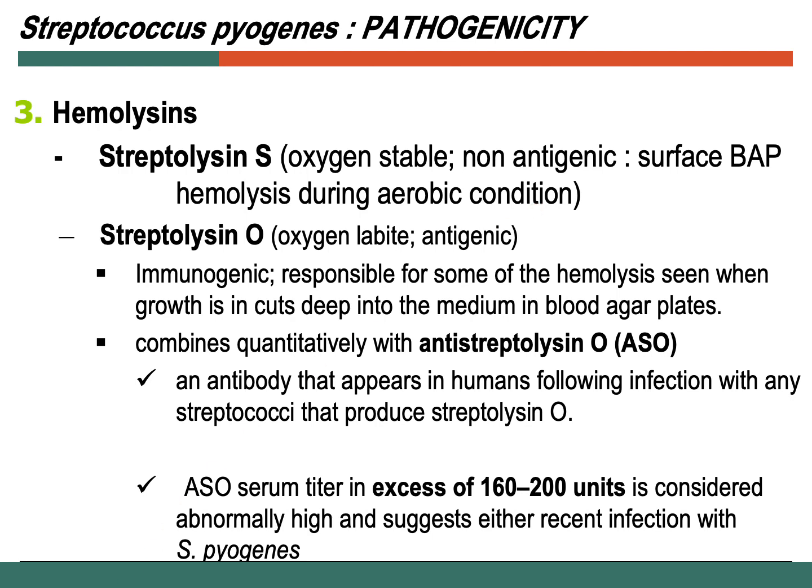But this is the hemolysin responsible for the surface hemolysis during aerobic conditions. Okay, so this is what you see on the surface or on the top of the culture medium. The streptolysin O is oxygen labile, and these are antigenic. Take note, streptolysin O is antigenic.